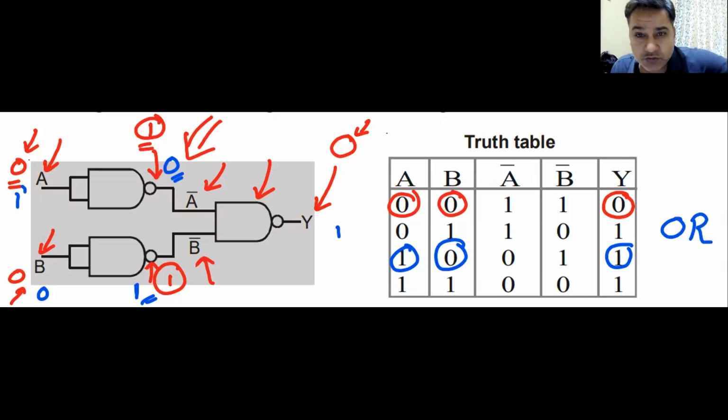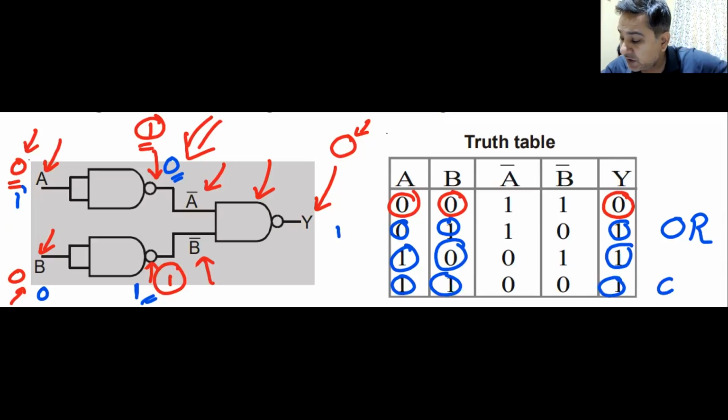That is how you can find out this truth table, and that is how truth tables are made. They will ask you, if I put 0 here and 1 here, what is the output? And then you will have to use your head and tell me the output. Similarly, when I put 0 here and 1 here, I will again get 1. If I put 1 and 1 here, I will get 1.